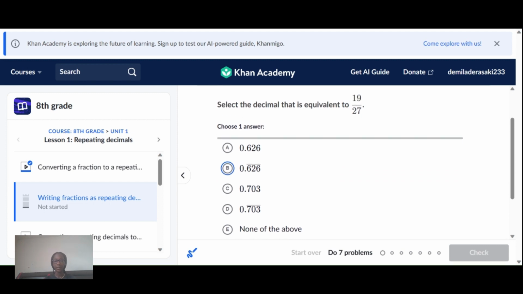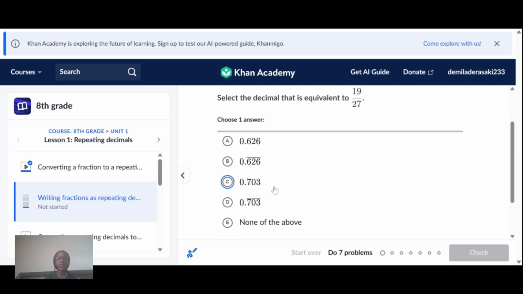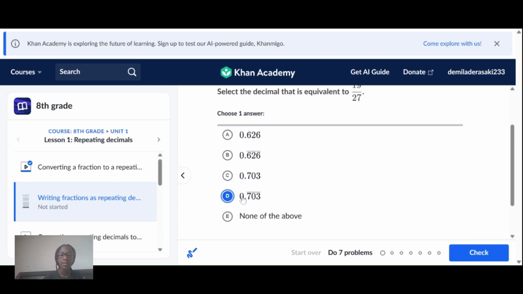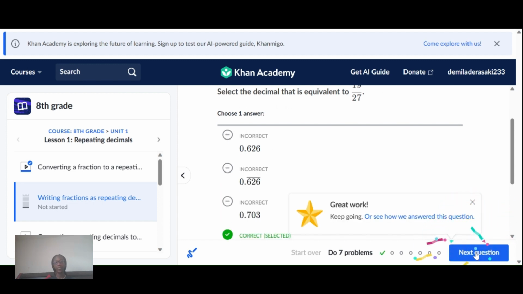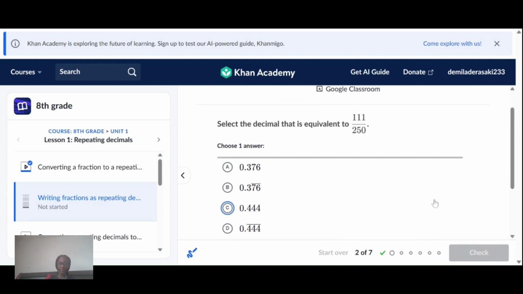So now I start it over, and this is the first question. So we already did this one. It's 0.703703, it's repeating. Next question. Okay, this is gonna be tricky, but let's do it. Wow, I can't believe this is what we're gonna be learning in 7th grade.